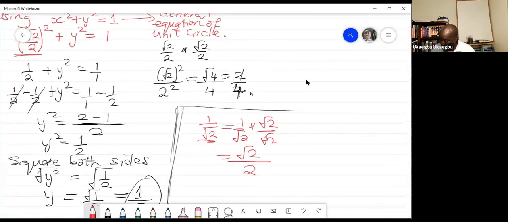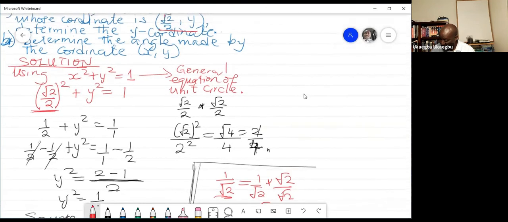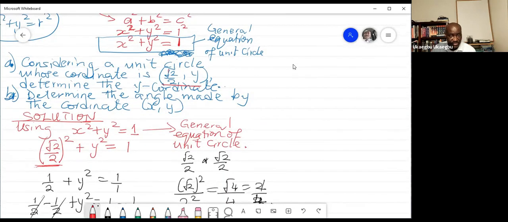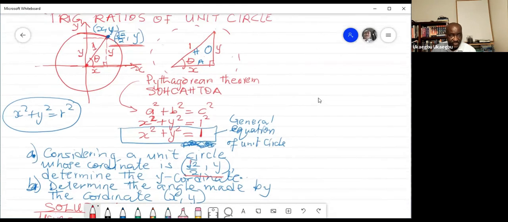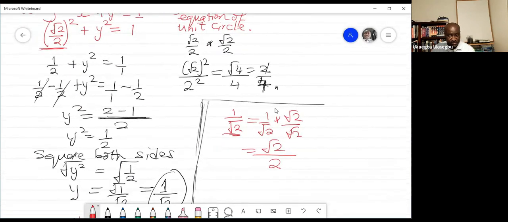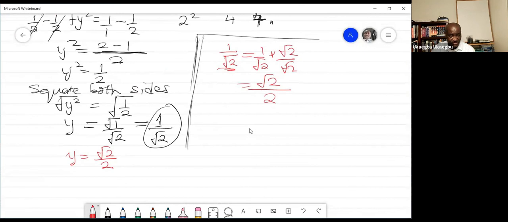So in this particular case, it just happens that the value of x and y happens to be the same. So even if you come back to your circle, now that you found y, you can also say that it is square root of 2/2. All we have just done so far is we have manipulated a set of numbers and that gave us a result.